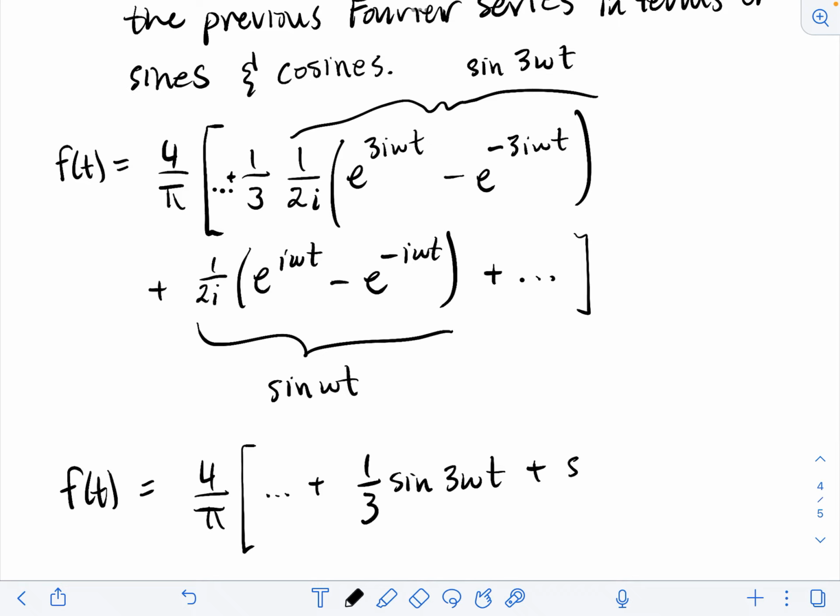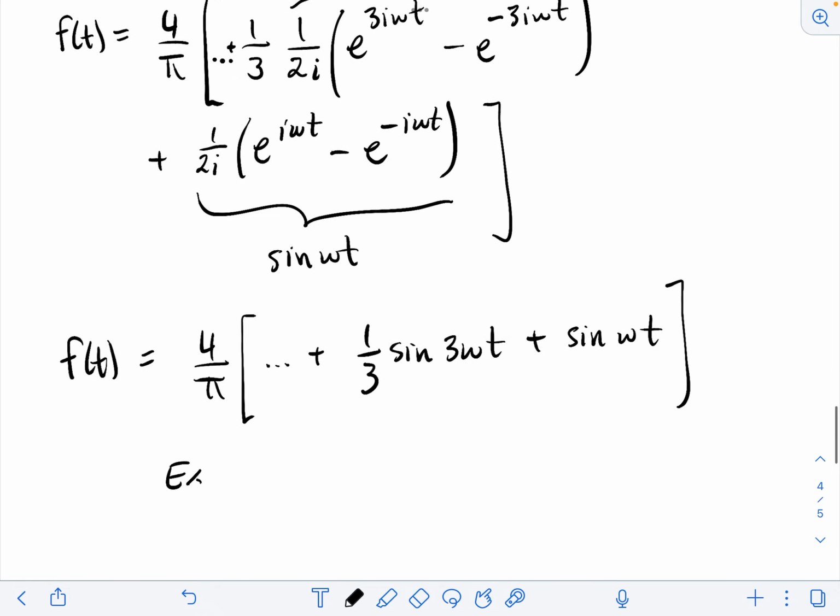In fact, we wouldn't have these extra terms above, because all of the higher value of n terms would come before the n equals 3 and then the n equals 1.